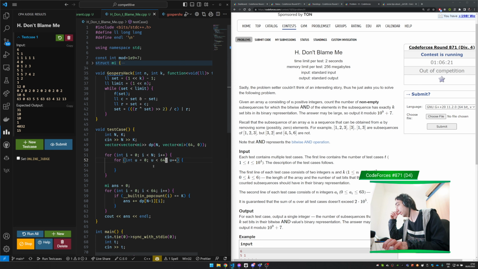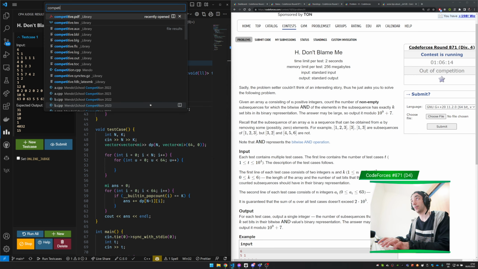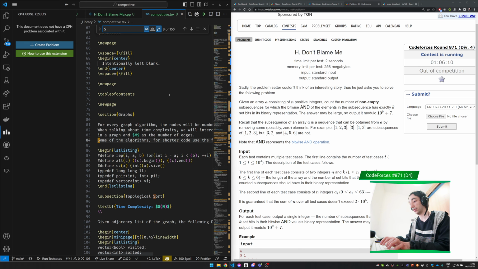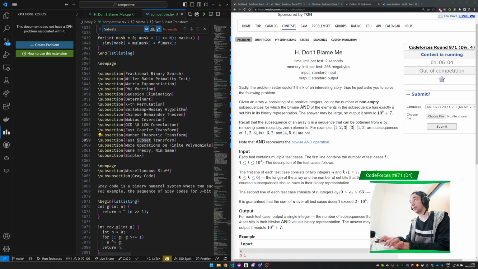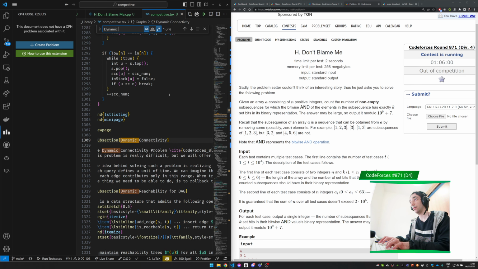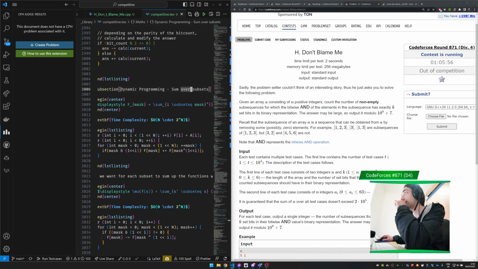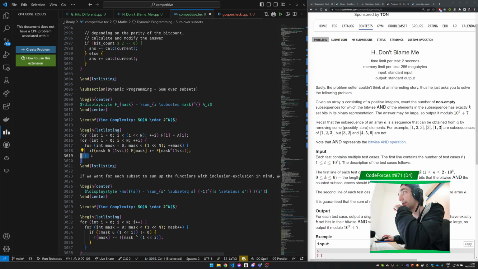this sum of subsets. There is a hack that does this really quickly, sum over subsets, dynamic programming sum over subsets. This is a hack that does this really quickly.